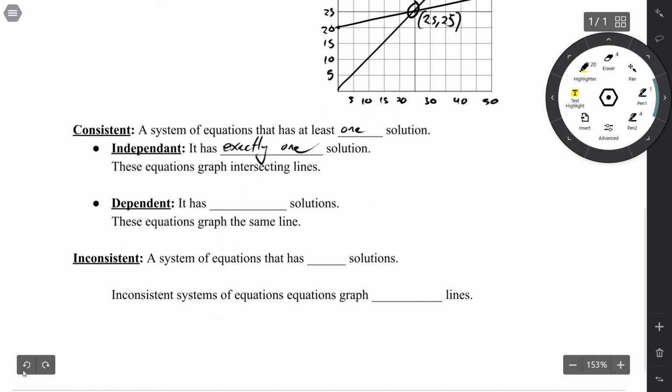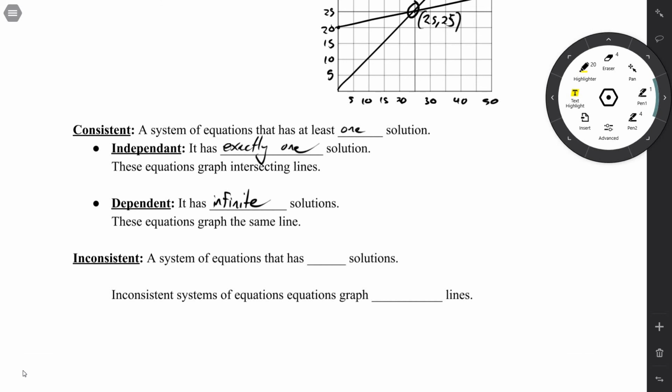You might think that that's really the only option, but there are two others. The next would be dependent. It would have infinite solutions. These equations graph the same line. You might see them written in different forms.